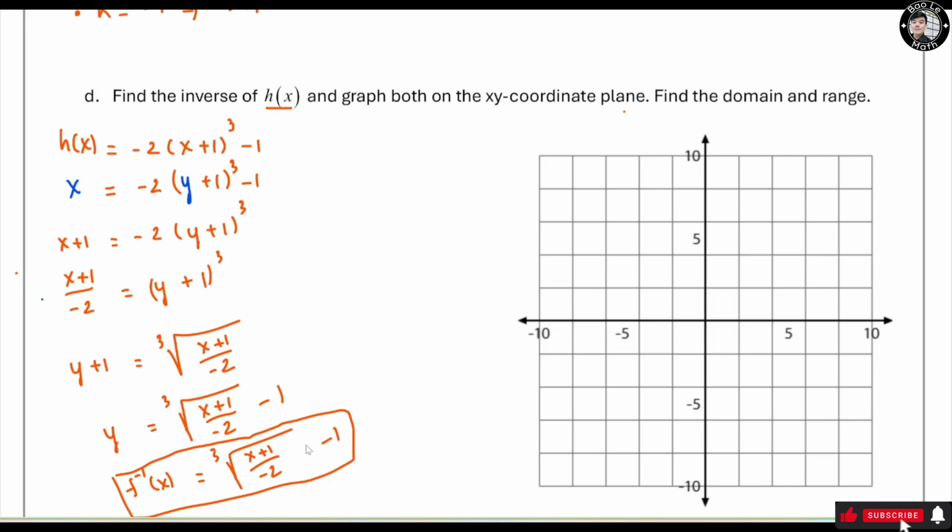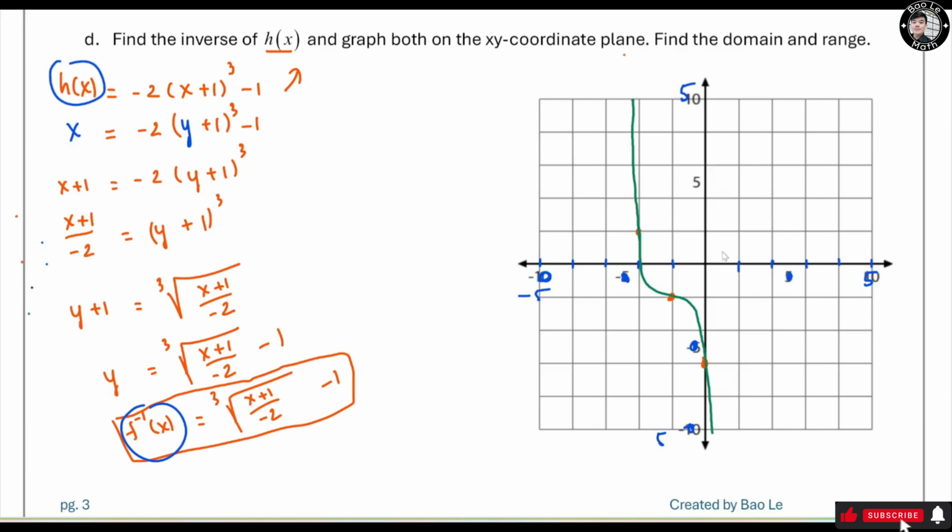Now we're going to graph these two guys on the x and y coordinate plane right here. Now the function h of s we already graphed above, right? It's going to be right here. Now next we need to draw the line y equals x. Now I need to create a table for this function. I just swap x and y.